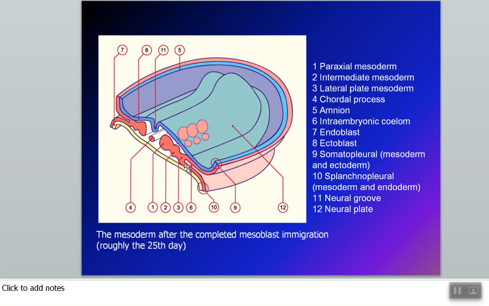In future development, the lateral plate mesoderm divides into somatic and splanchnic layers, and a cavity appears between the somatic and splanchnic layers, named the intraembryonic coelom.